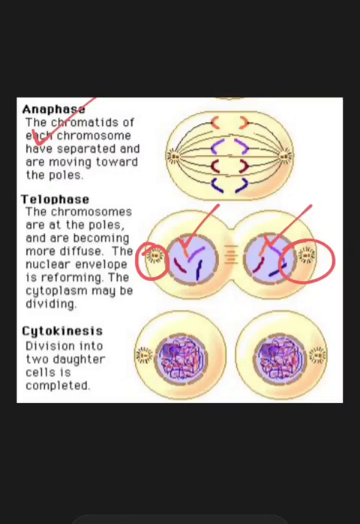What are the characteristics of telophase? The nuclear membrane is developed again around the chromosomes which are found at the poles. So the nuclear membrane that started to disintegrate during the prophase has now started to rebuild during telophase. Same for the nucleolus. The nucleolus which started to disappear during the prophase has started to reappear during the telophase.